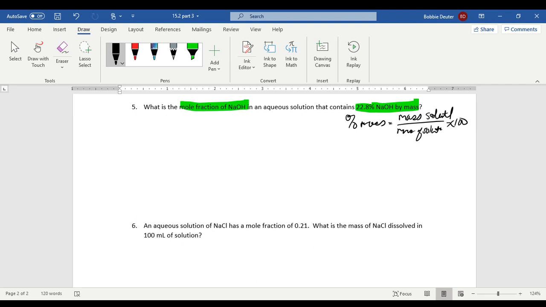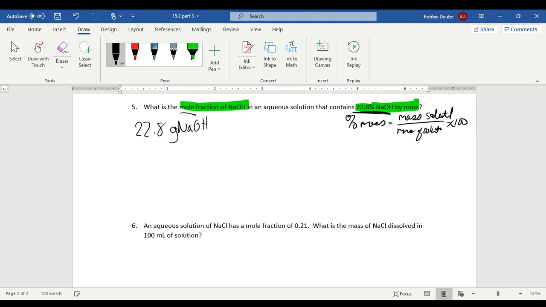So if we look at that, we're going to just assume this. Just like we assumed when we were doing our formulas for empirical formula and molecular formula, we don't have any other numbers. So we're going to assume that this is out of 100 grams because that's usually what they are. And this number is 22.8 grams of NaOH.